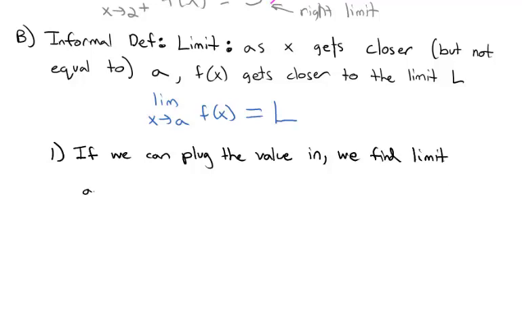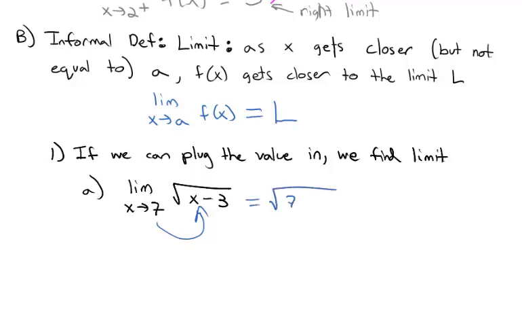In other words, if we were asked to find the limit as x approaches 7 of the square root of x minus 3, well, we can actually plug 7 in for the x. That's going to be the square root of 7 minus 3, which is the square root of 4, which equals 2. And so the limit here is going to be equal to 2, because nothing fancy happens there.